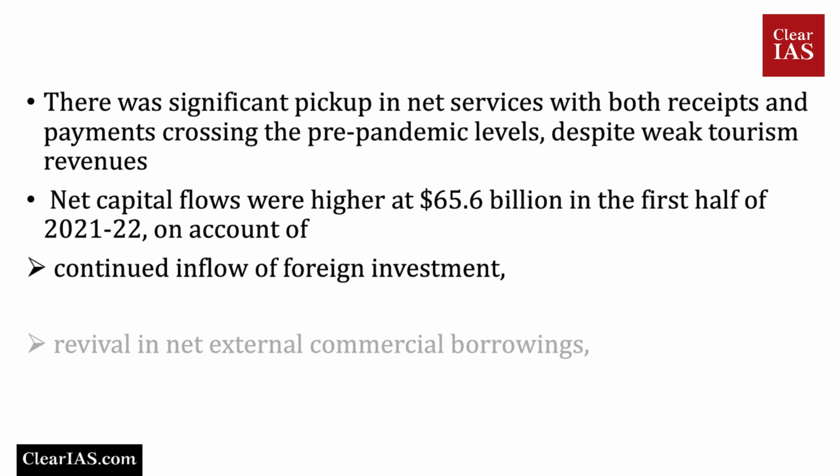The gross non-performing advances ratio of scheduled commercial banks declined from 11.2% at the end of 2017-18 to 6.9% at the end of September 2021. Net non-performing advances ratio declined from 6% to 2.2% during the same period. This figure shows that the capital adequacy ratio has continued to improve since 2015.